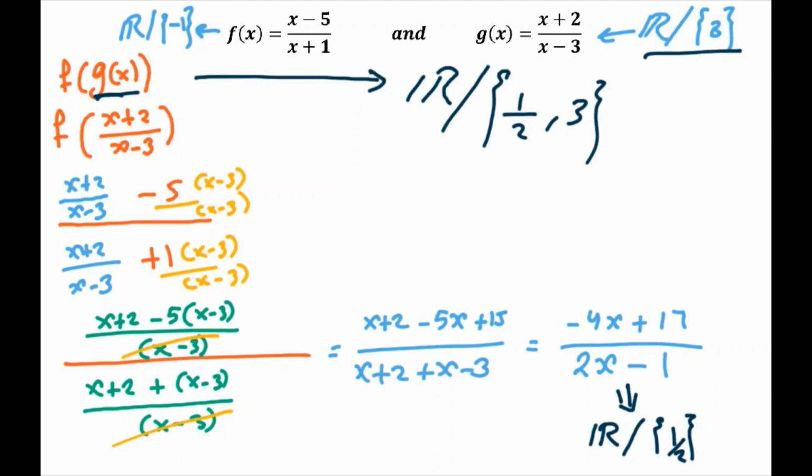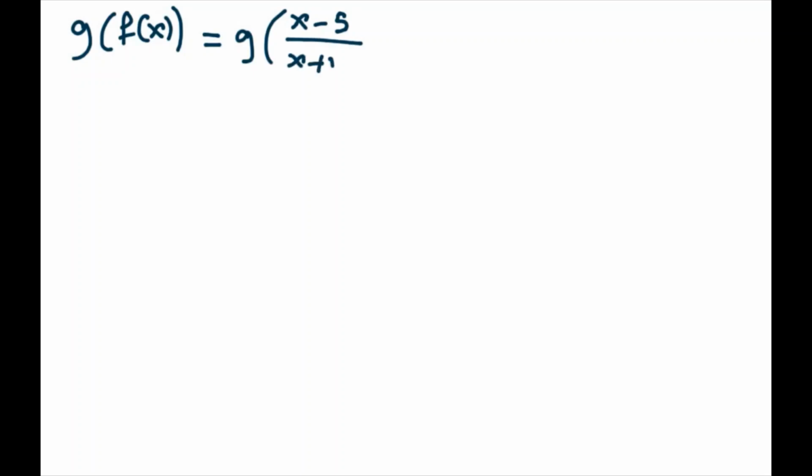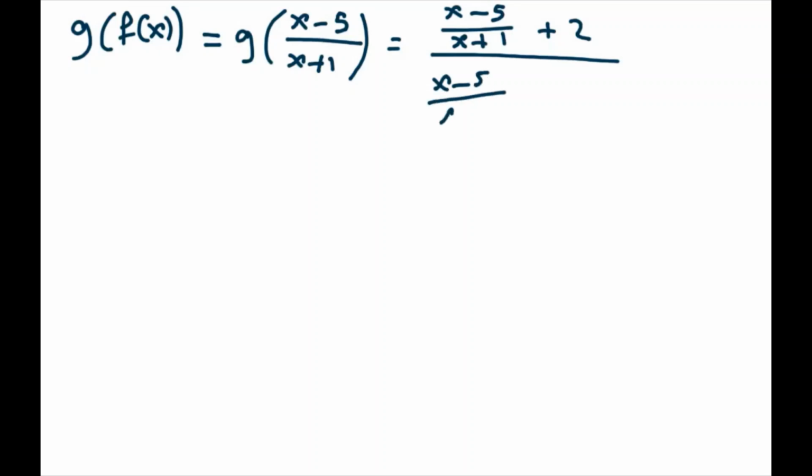Now let's try to find g of f. g of x minus 5 over x plus 1, which is going to be equal to x minus 5 over x plus 1, plus 2, over x minus 5 over x plus 1, minus 3.